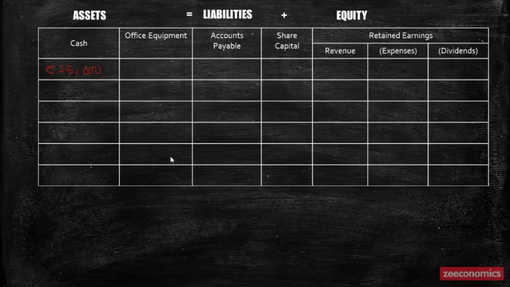And it is also followed by an increase in share capital because in the first transaction they invest 25,000 euro, which is cash, in exchange for capital, which is also valued at 25,000 euro. There you have it, 25,000 euro in cash and also 25,000 euro in share capital.